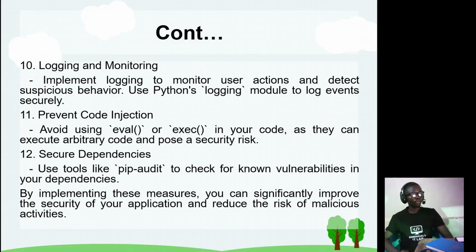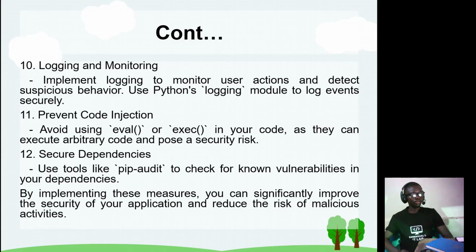So prevent code injection, that is point 11. Avoid using the eval function. That one is used mostly if you're doing calculations in graphical user interface applications. Avoid using it as it can execute arbitrary code and pose a security risk. The beautiful thing is there are other alternatives to it.